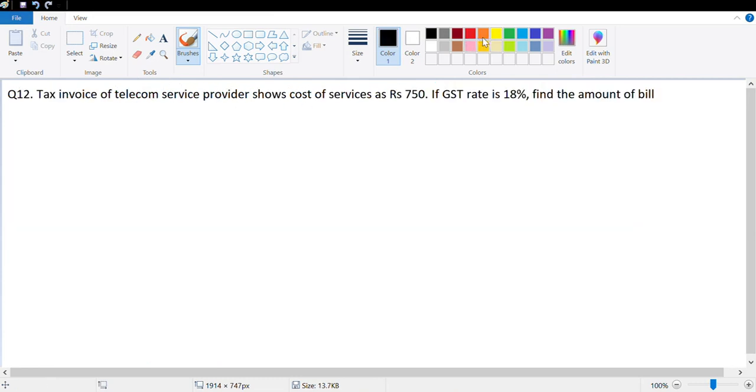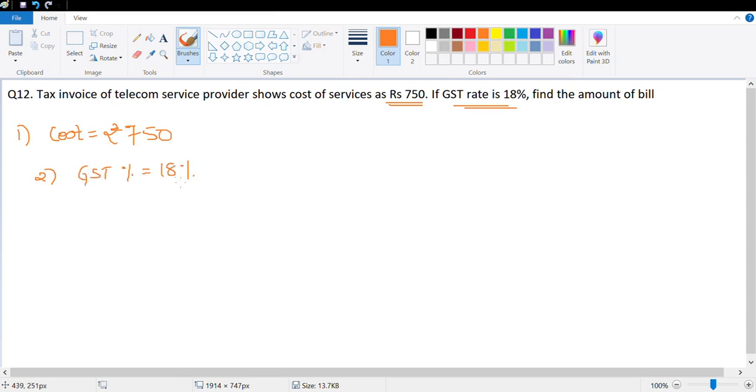That brings me to the last homework question, which is tax invoice of a telecom provider shows services of rupees 750. So cost is equal to rupees 750. GST rate is 18%. GST percentage is equal to 18%.